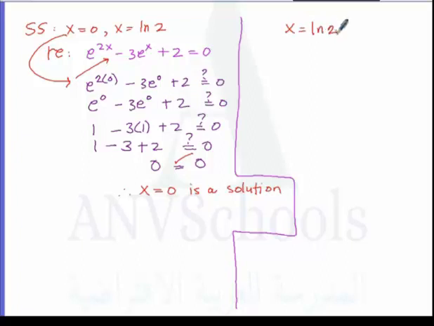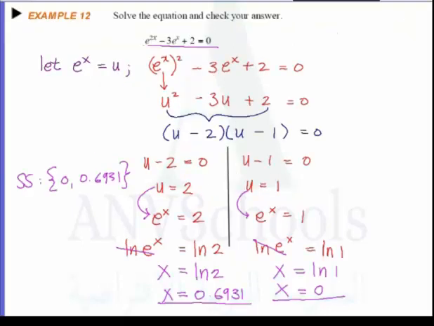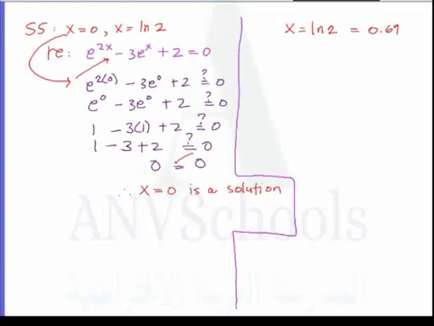This is equal to 0.6931, when rounded off to the nearest ten-thousandth. Now we have to use it in the original equation.